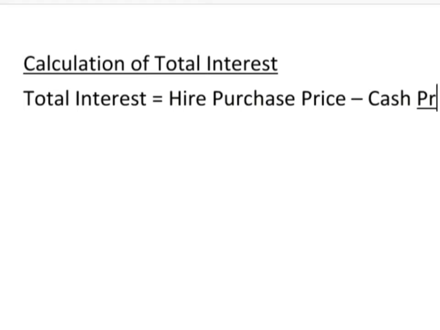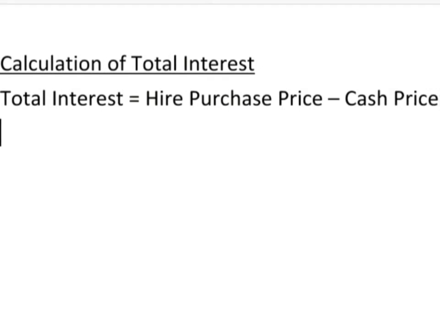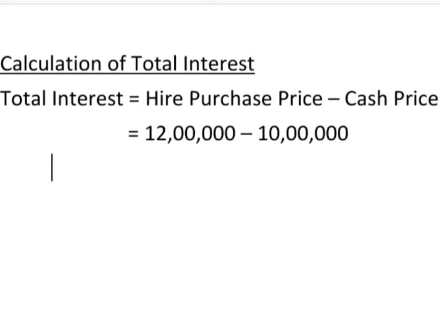Down payment plus all the installments, if we add up, we should get hire purchase price as rupees 12 lakhs. So 2 lakhs plus 2,50,000 plus 2,50,000 plus 2,50,000 plus 2,50,000, 12 lakhs, minus 10 lakhs, which is the cash price given in the question. So total interest is rupees 2 lakhs.